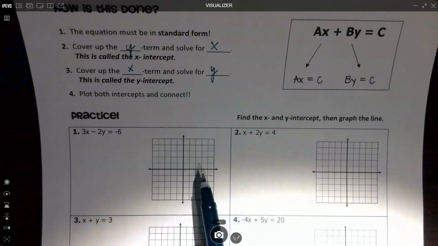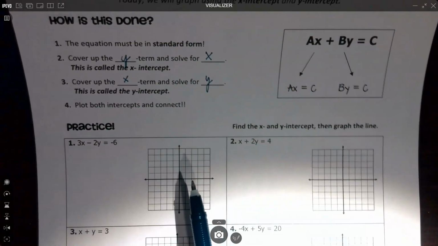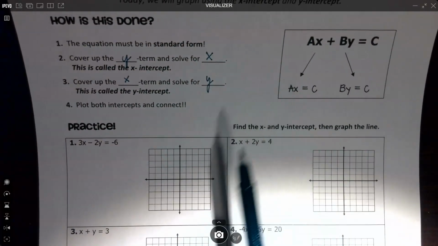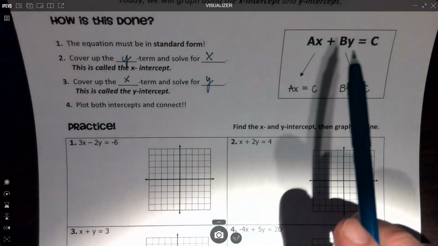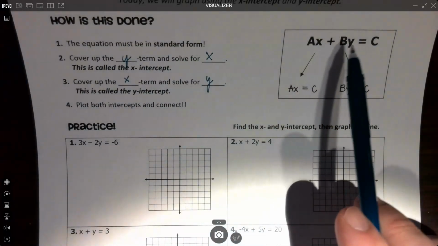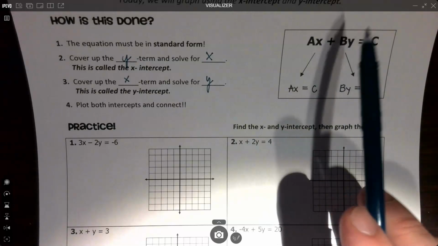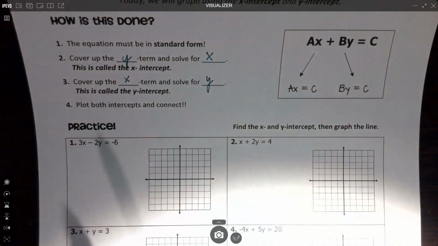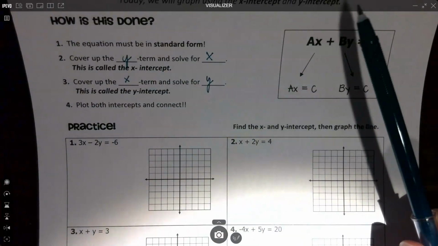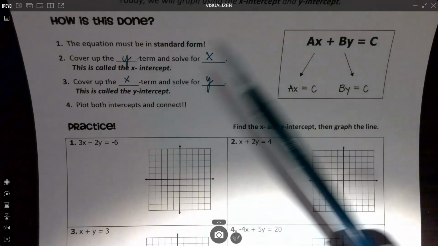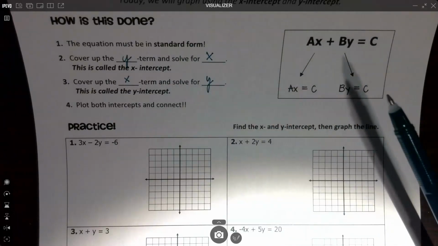Well, if y is 0, that means if I put a 0 in for y, it turns this term to 0 automatically. So by covering it up, you're really turning it into a 0. That's why the directions say cover them up and solve, because it's a visual thing.